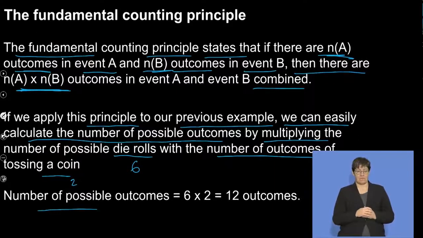So the number of possible outcomes is 6 times 2, which is 12. That's the fundamental principle of counting. Are we together? Great, fantastic.